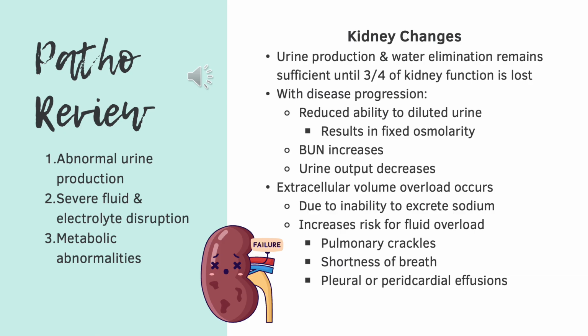However, as the disease progresses, the kidneys lose the ability to dilute urine, so the urine ends up having a fixed osmolarity. Eventually, urine output decreases because the kidneys aren't working like they're supposed to, and we'll see an increase in blood urea nitrogen, or BUN, levels, which indicates declining waste elimination.